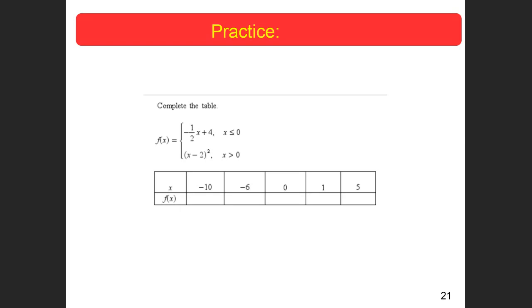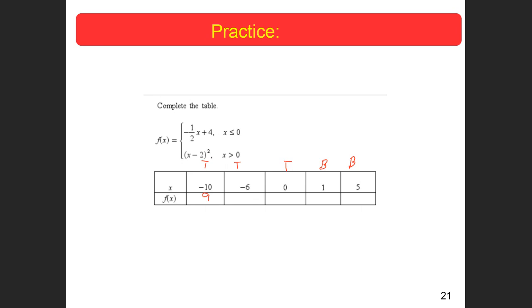Complete the table. Okay, so now you have to look at this. For all of these values here, I'm going to use the top function. Even 0, because this is x is less than or equal to 0, so 0 does go into the top function. I'm going to use the bottom function for these two. So if I put negative 10 in here, negative 1/2 times negative 10 is 5. 5 plus 4 is 9.